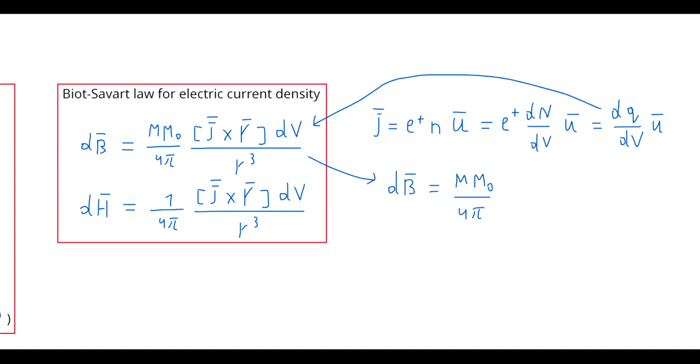Here we have dq and u multiplied by r, multiplied by r and divided by r to the power of 3.